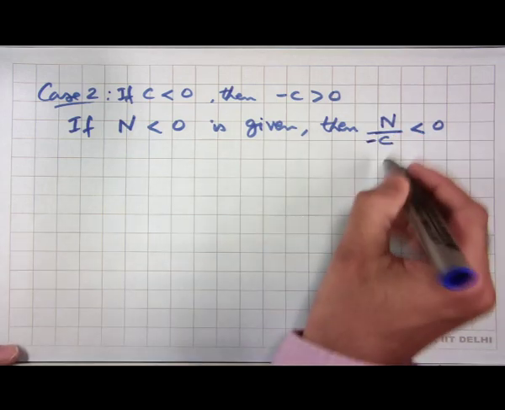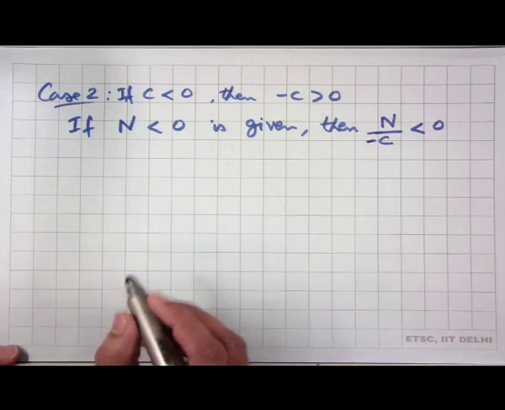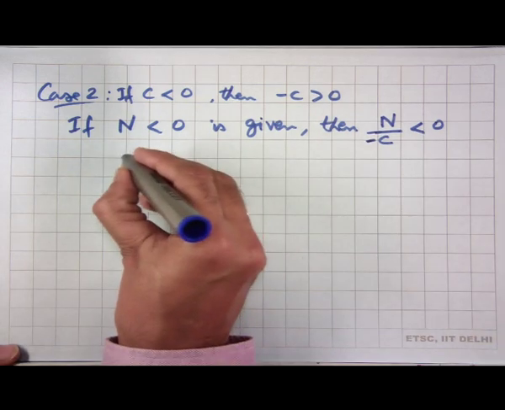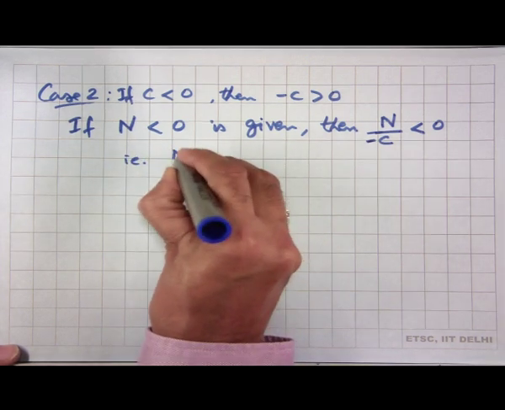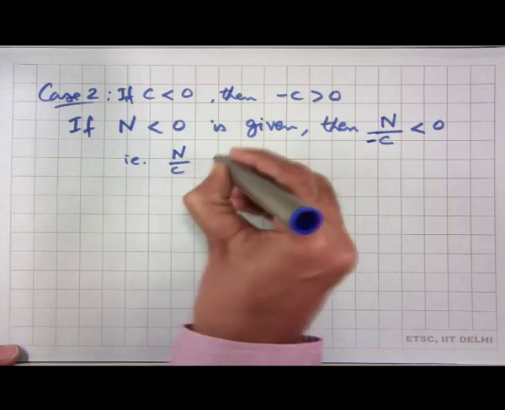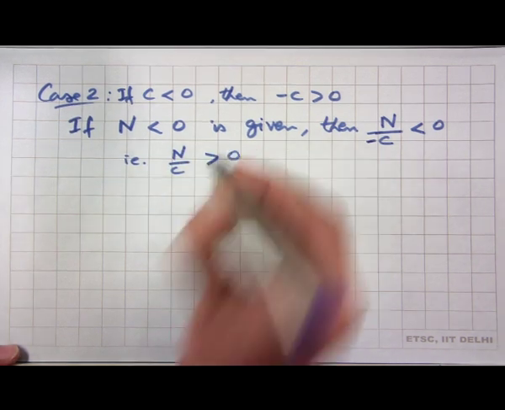So, n by minus c is a negative real number, that is n by c, this becomes positive.